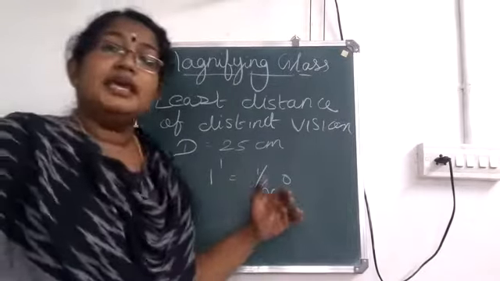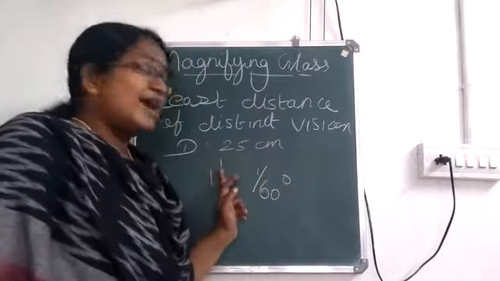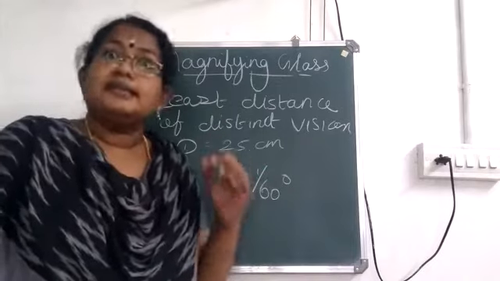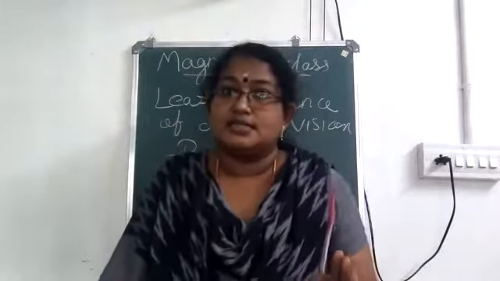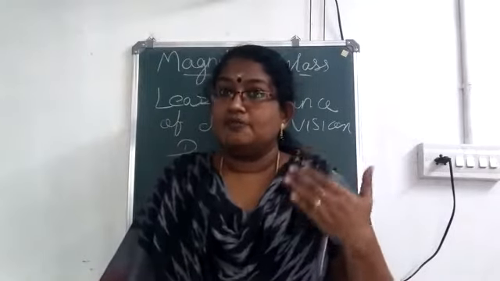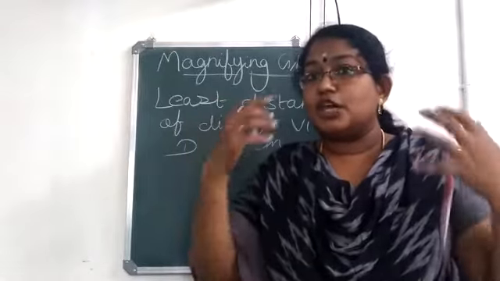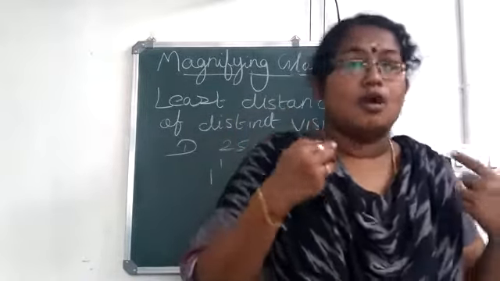So, if the angle subtended by an object is less than 1 minute or 1 by 60 degree, then it won't be visible for us. That means it is a very small object.